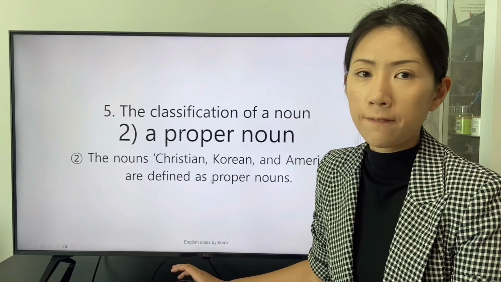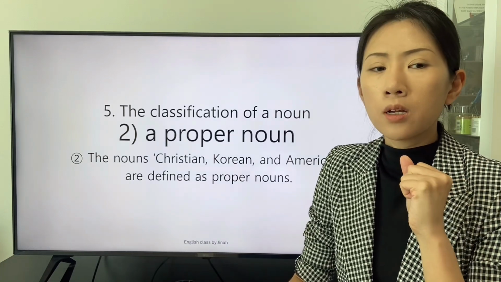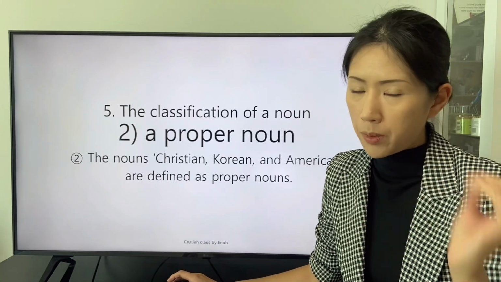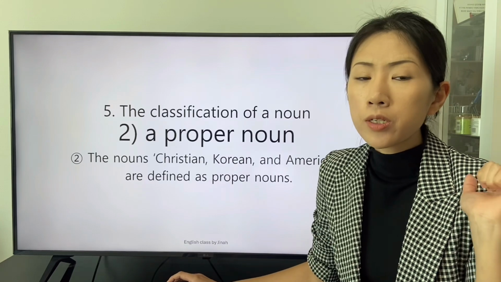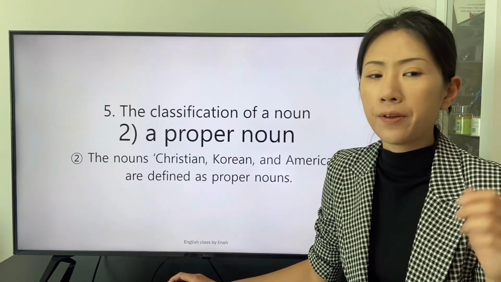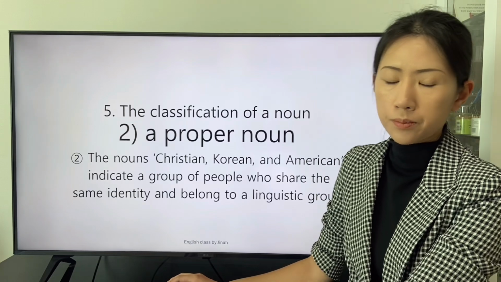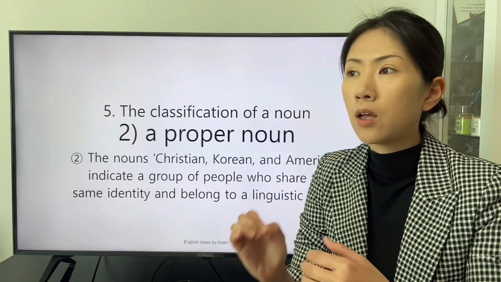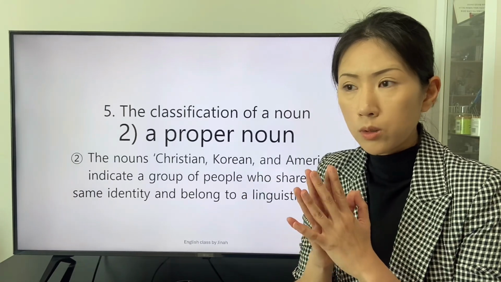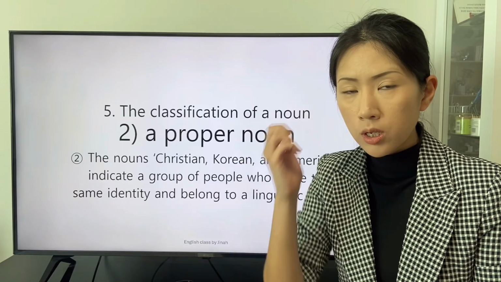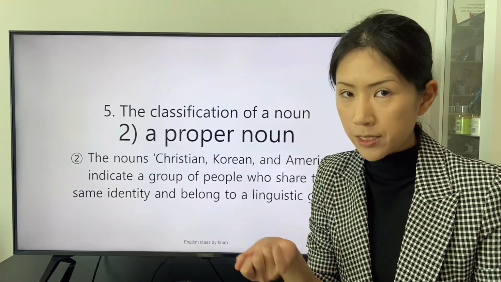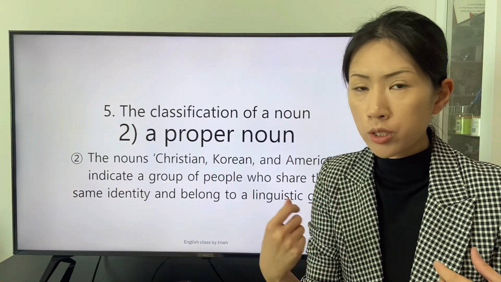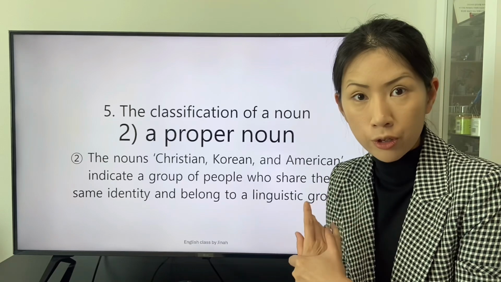Second examples of the proper noun are the nouns Christian, Korean, and American, etc. The nouns Christian, Korean, and American, etc. are defined as proper nouns. The nouns Christian, Korean, and American indicate a group of people who share the same language. The language is metaphysical, and the people who share the same language are physical.